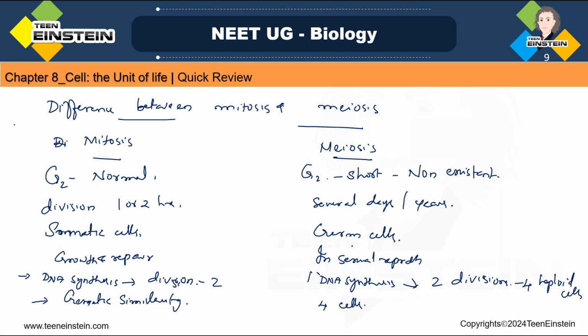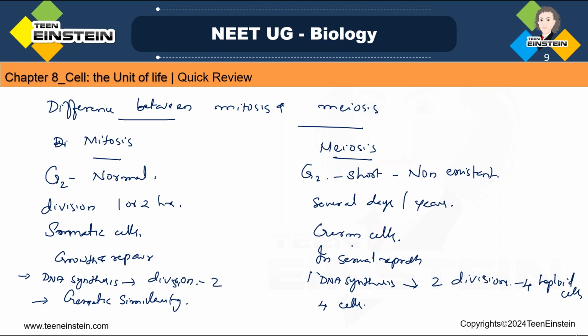So you need to be clear on these topics, especially the stages, meiosis 1 and meiosis 2. Meiosis 1 is again divided into 5 stages: leptotene, zygotene, pachytene, diplotene, and diakinesis. You should know which is the reductional division, which is maintaining the same number of chromosomes, and what is happening in meiosis 1 and meiosis 2, very clearly.